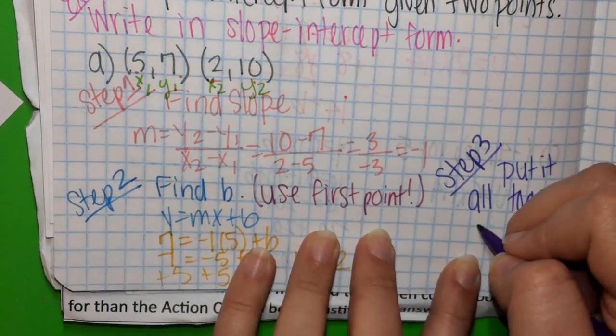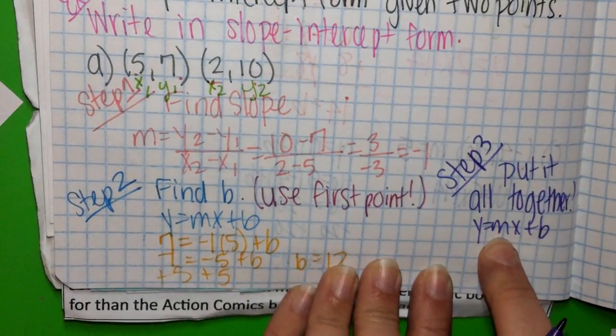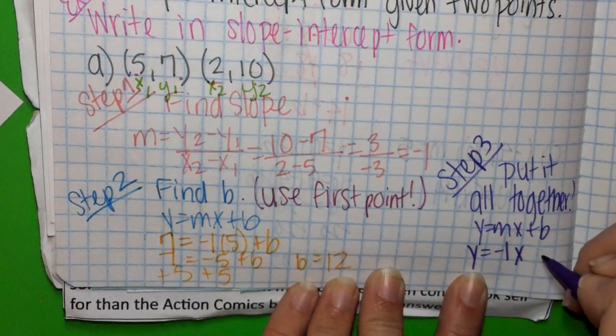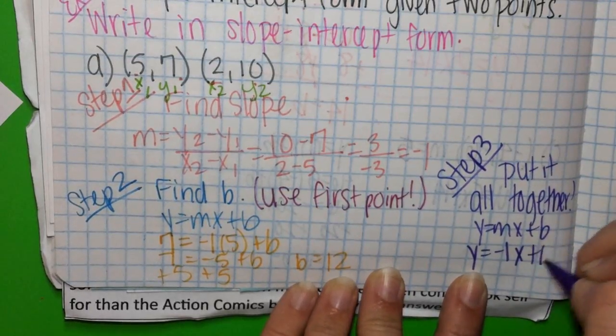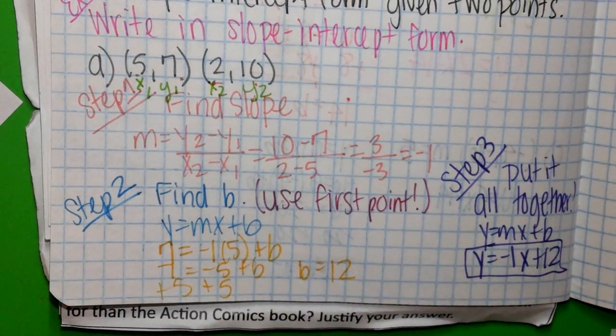Now we have to write it in the form of y equals mx plus b. Do we know what our m is? -1x, and what's our b? Boom, we're done. So it's really only adding one more step from what we've been doing.